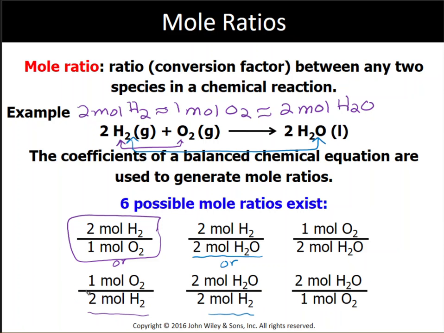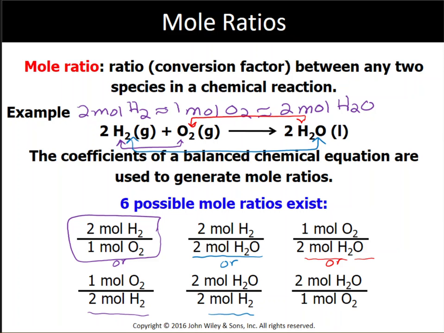I could also look at the ratio in between oxygen and water here. Based on the balanced reaction, each 1 mole of oxygen gas produces 2 moles of water, or each 2 moles of water is produced by 1 mole of oxygen gas. So again, keep in mind that to do any sort of quantitative calculations, we have to look at the balanced chemical equation.